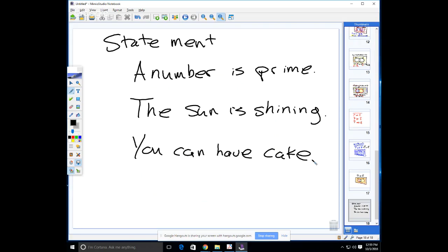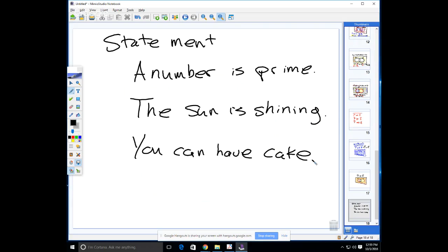We're hoping to be able to determine the truth or falseness of a logical statement, but that's not always easy because it could be time dependent or place dependent. Is a number is prime? Well, you give me a number, I'll eventually figure out whether it's prime or not, and I can say true or false. The sun is shining. I'm looking out the window now and it's shining, right? Is it shining over there where you are, Fen?